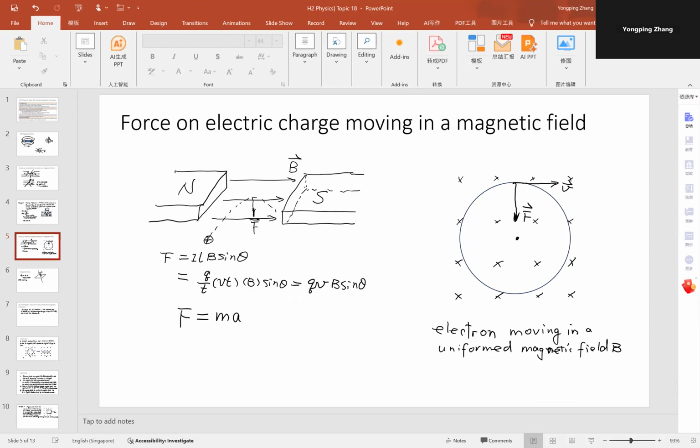This force is QvB equals mv squared over R. R is the radius of the circle path. So R equals mv over QB.